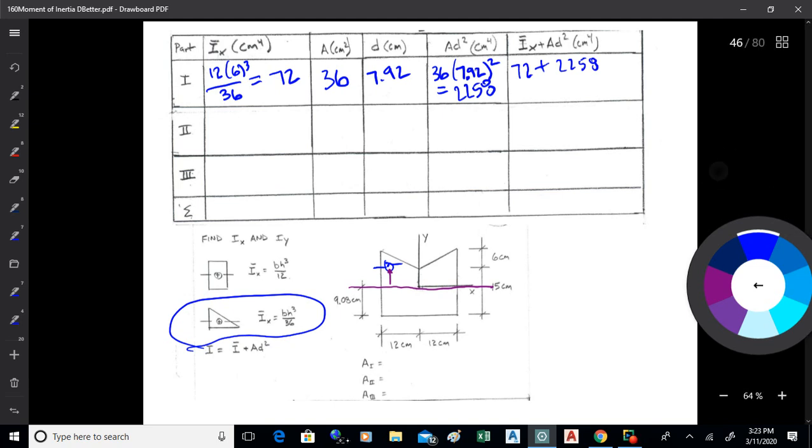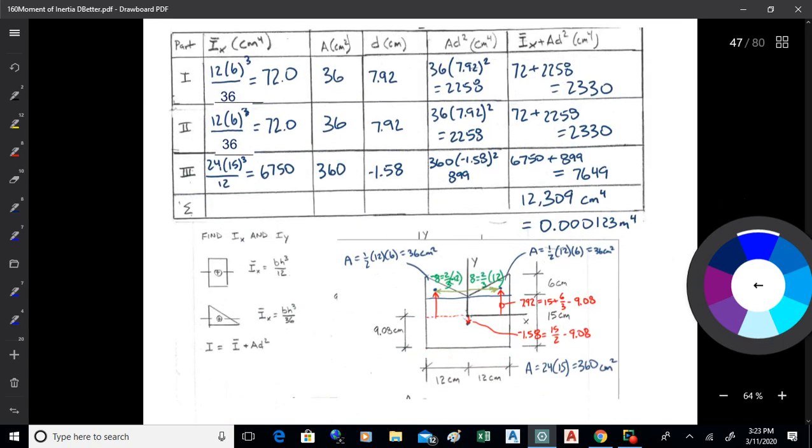It's 2330. So you can see how important those offset distances are. When you start taking flanges and things like that on beams and offsetting them quite a ways from the neutral axis, it has a huge effect on the moment of inertia. So that's 2330, I think, anyway. Yeah, that is.